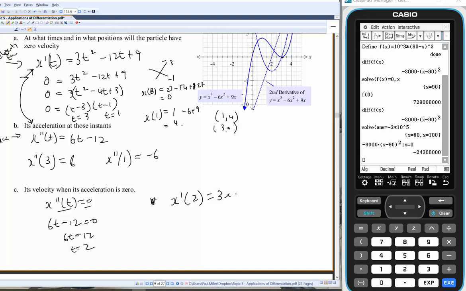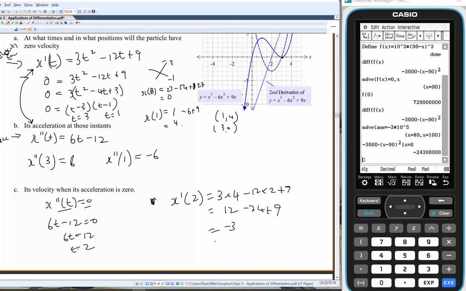Now, that's going to be 3 times 2 squared is 4, take away 12 times 2 plus 9. 12 take away 24 plus 9, that's 21, take 24, what's that going to be? Negative 12, negative 3.